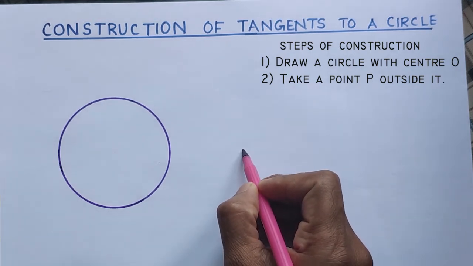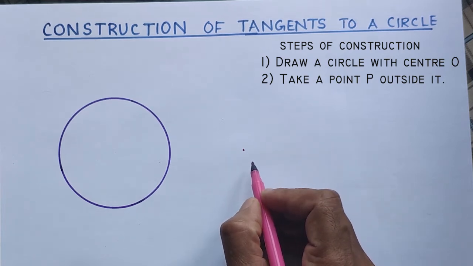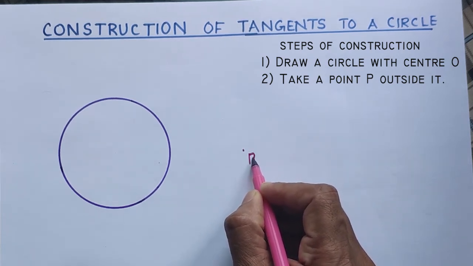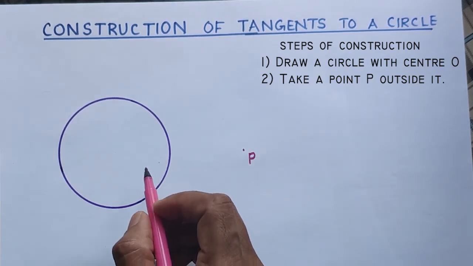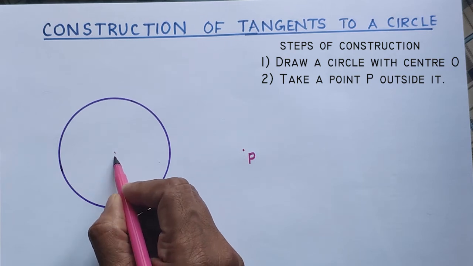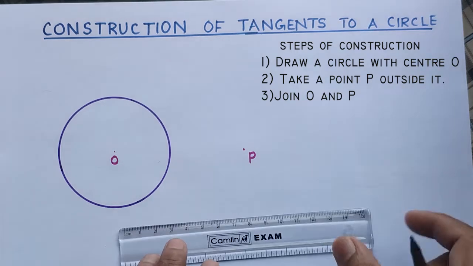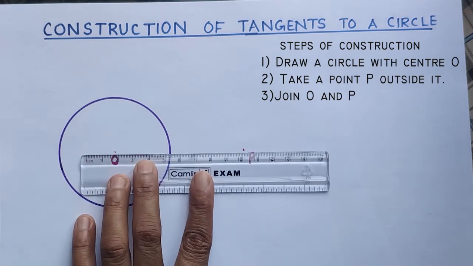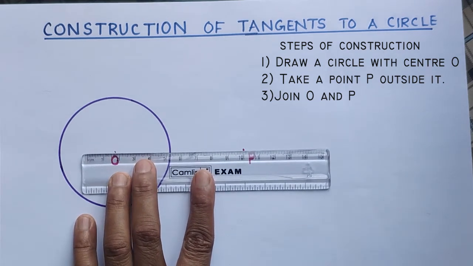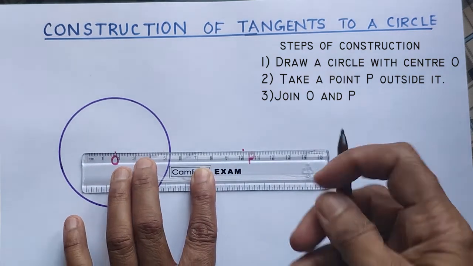So here I am taking the point P. Here the center of this circle, first circle, is O. Next step is join O and P. We will get a line segment.